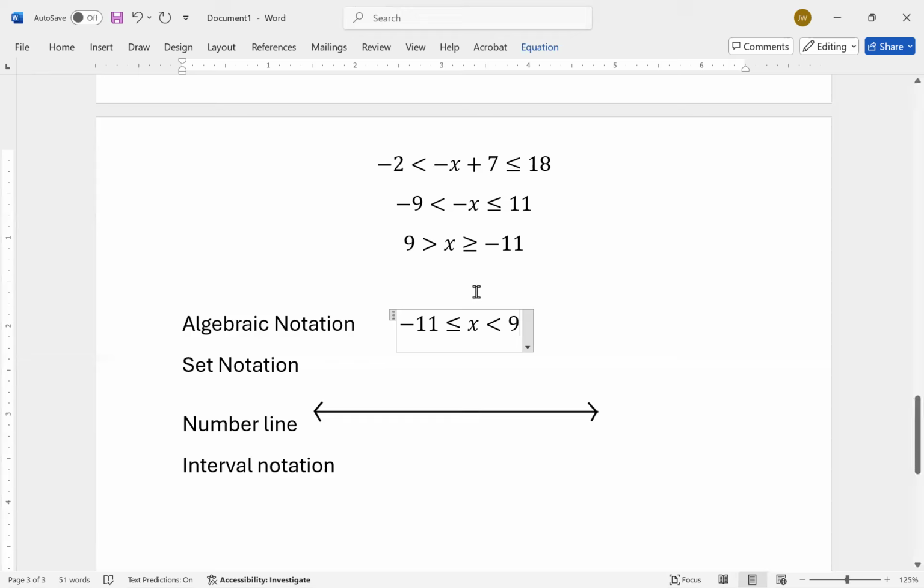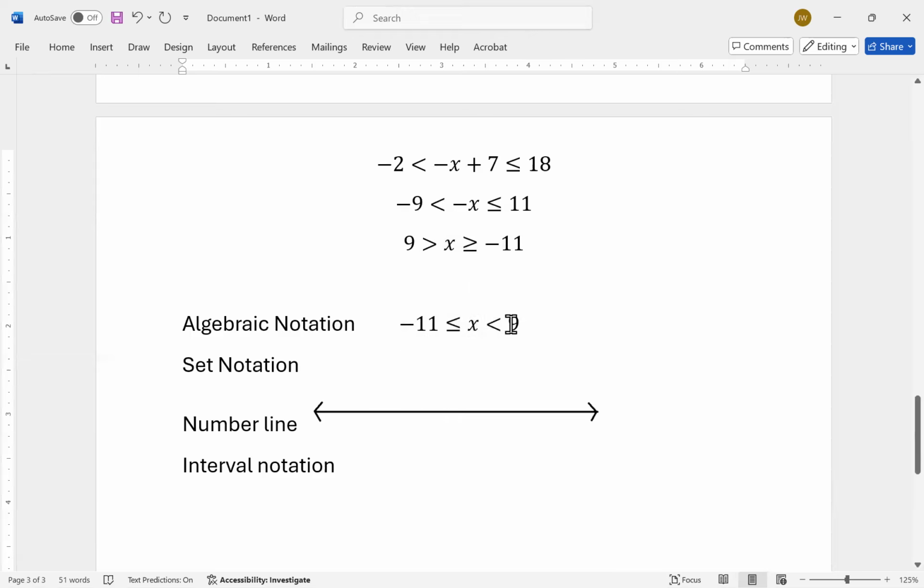Notice what I did. I just put the smaller number on the left, and then I made sure that the inequality symbol matched up. Here it was x is bigger than or equal to negative 11. This is x is greater than or equal to negative 11. Same thing as saying negative 11 is smaller than or equal to x.